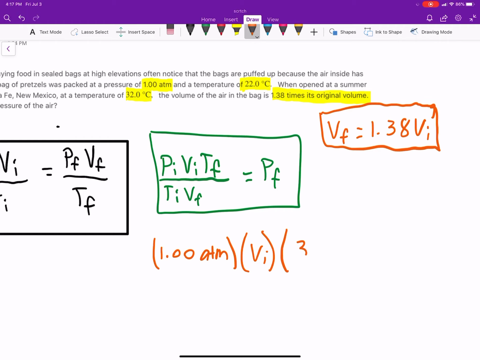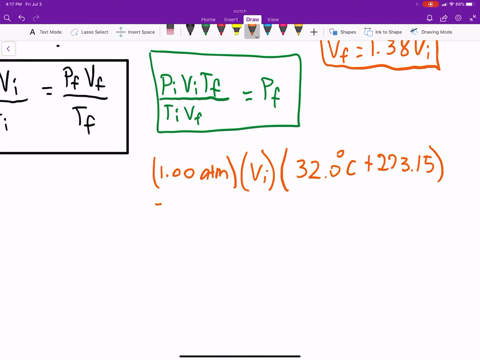So if we do that, it's 32 degrees Celsius plus 273.15. That's how we're going to convert to get our Kelvin. Divided by our initial temperature, which was 22 degrees Celsius, plus 273.15, since we need this in Kelvin.